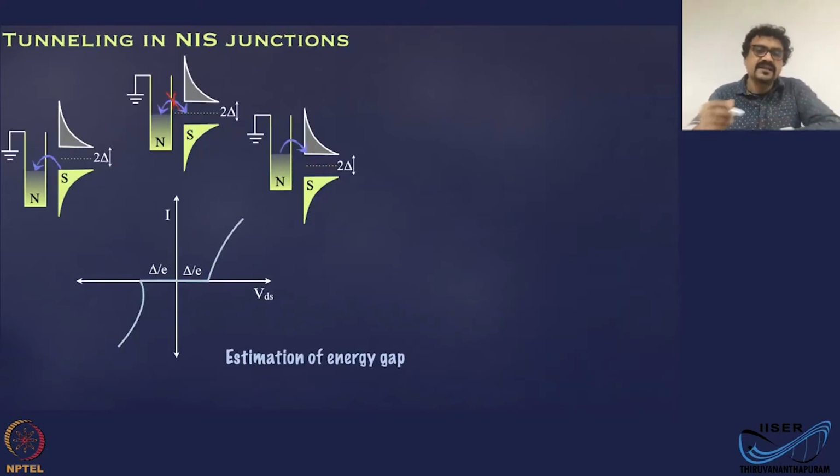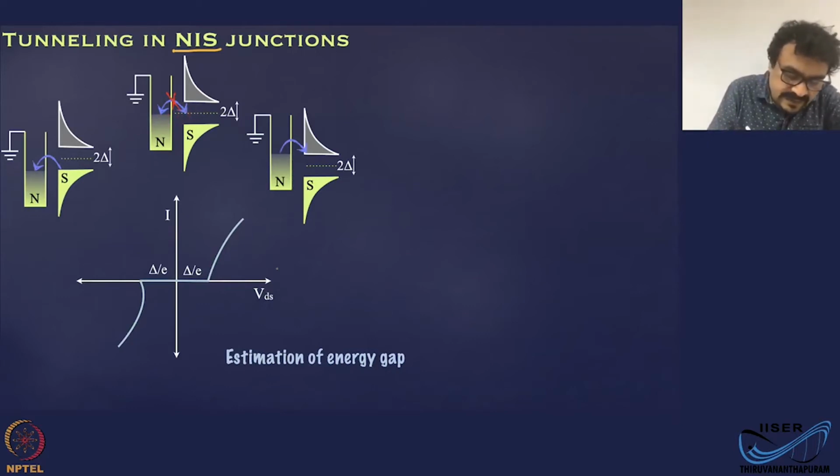Now let's consider that you have a system consisting of normal metal, insulator, and superconductor. NIS stands for normal metal, insulator, superconductor. And what I have here is a rough drawing of the density of states. So normal metal has all the states filled until the Fermi energy, which is somewhere here, and the superconductor has quasi-particle states filled.